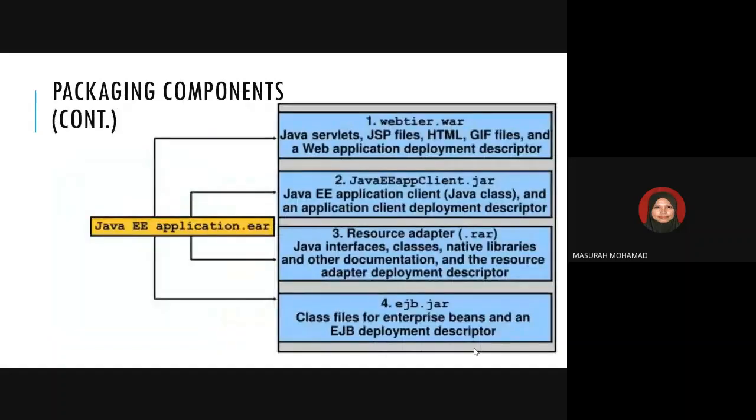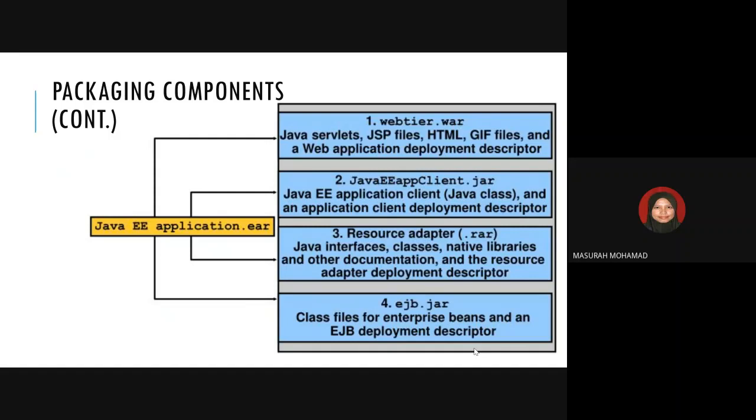As you can see here, there are several files or components that are packed during the packaging process. The first one is the web tier .war. What are the files included in this package?